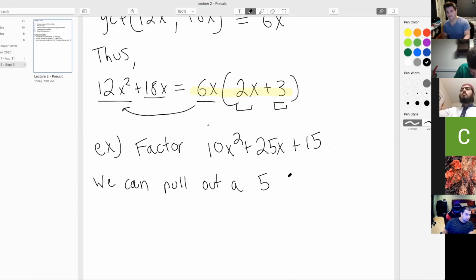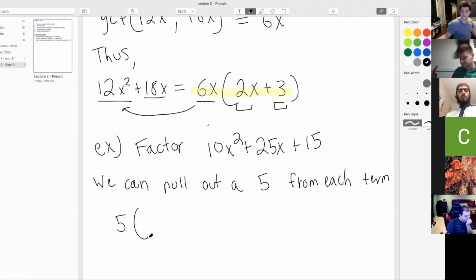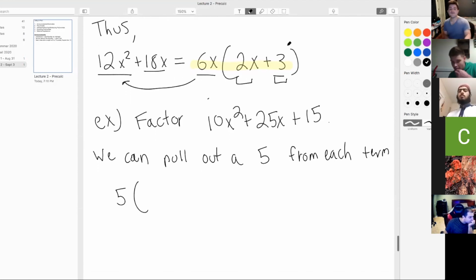So we write it as 5 multiplied by something. Good. So 5 times what will give me 10x squared? That will be 2x squared. 5 times what will give me 25x? That will be 5x.